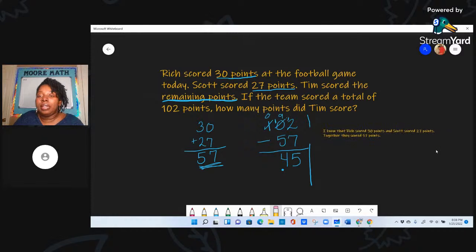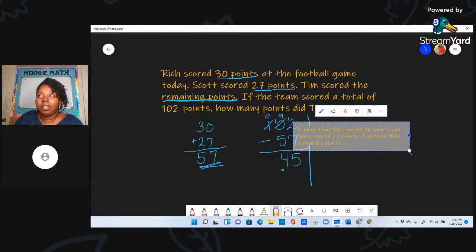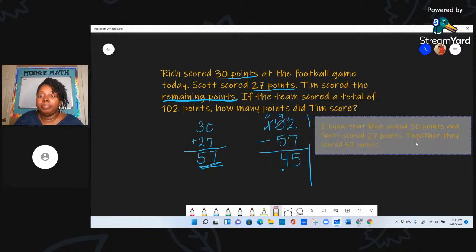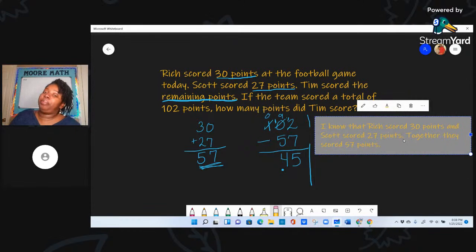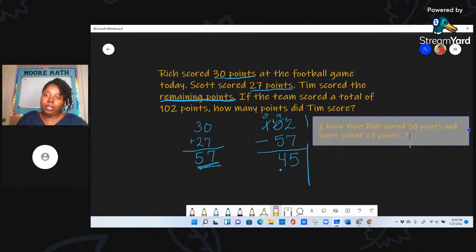Let's make that even clearer for you. All right, here we go. I know that Rich scored 30 points and Scott scored 27 points. You can say, and then start telling us what you did.